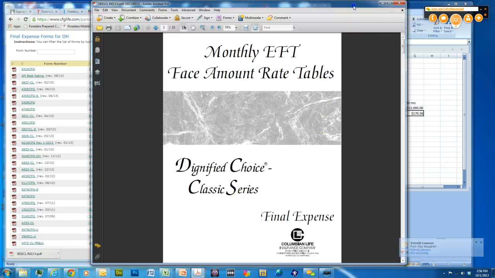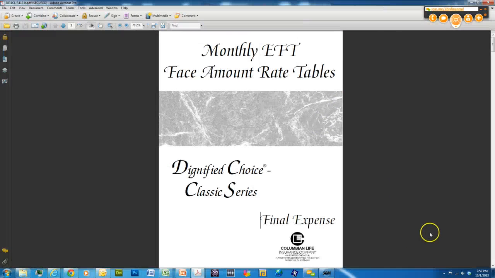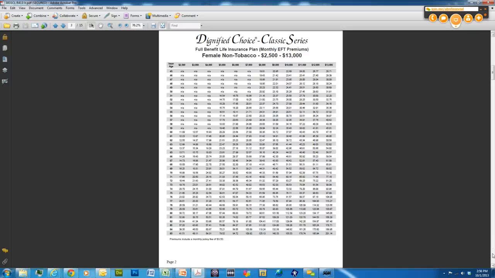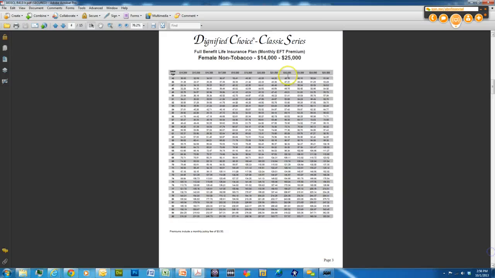So this is what the document looks like. Notice, female non-tobacco, 2,500 to 13,000. Just look at their age on the left, then go to the right up to 13,000, and you can pick out the monthly rate. Then the next sheet has it from 14,000 to 25,000.